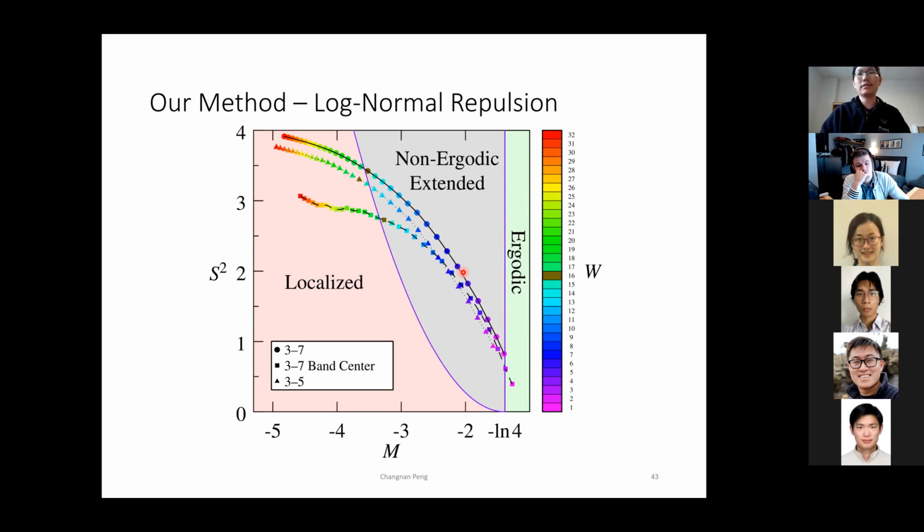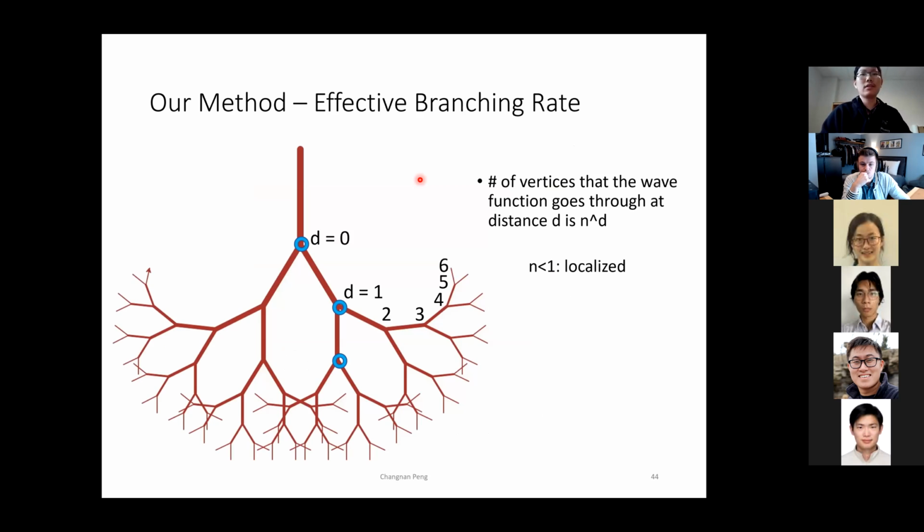And further decreasing the disorder, we enter this ergodic, non-ergodic transition and the ergodic extended state. So our conclusion is that this non-ergodic extended intermediate phase does exist. And what it means, like in the sketch, is that in a localized state, the system won't spread much and the wave function decreases exponentially with distance.